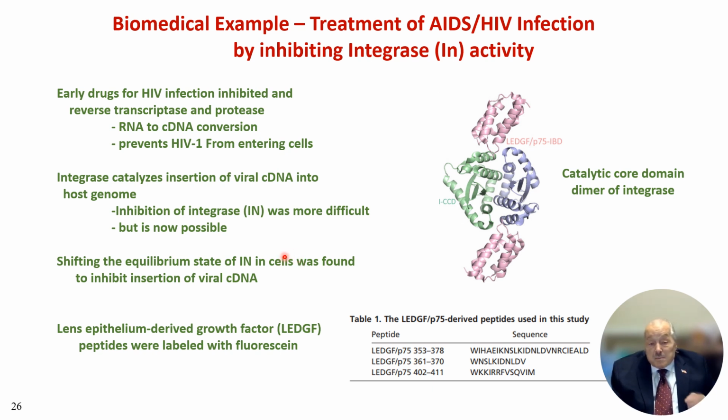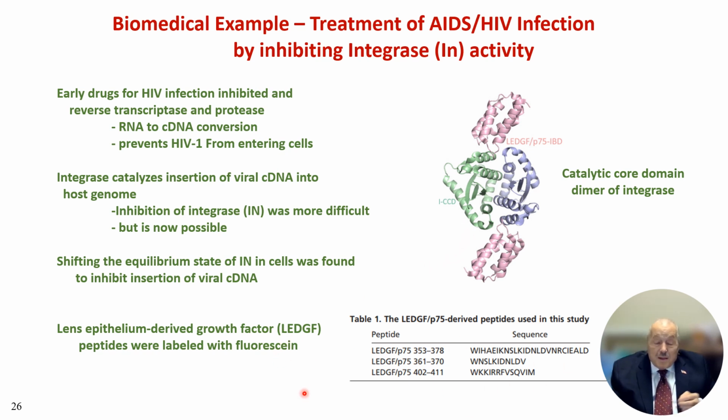There are now some small molecule inhibitors of integrase, but one of the first ones that was found, and how they made this connection, I'll never know, but somehow they speculated that the epithelium-derived growth factor, some of their peptides, would somehow inhibit the integrase activity.